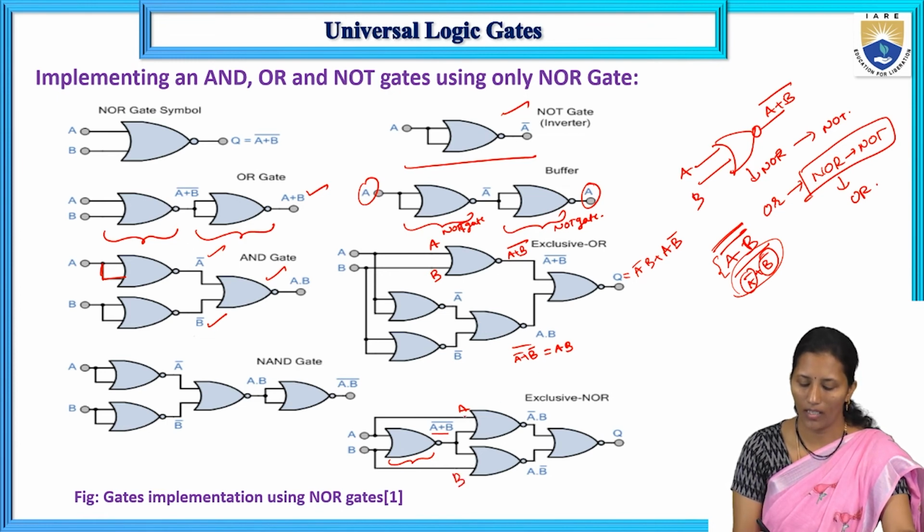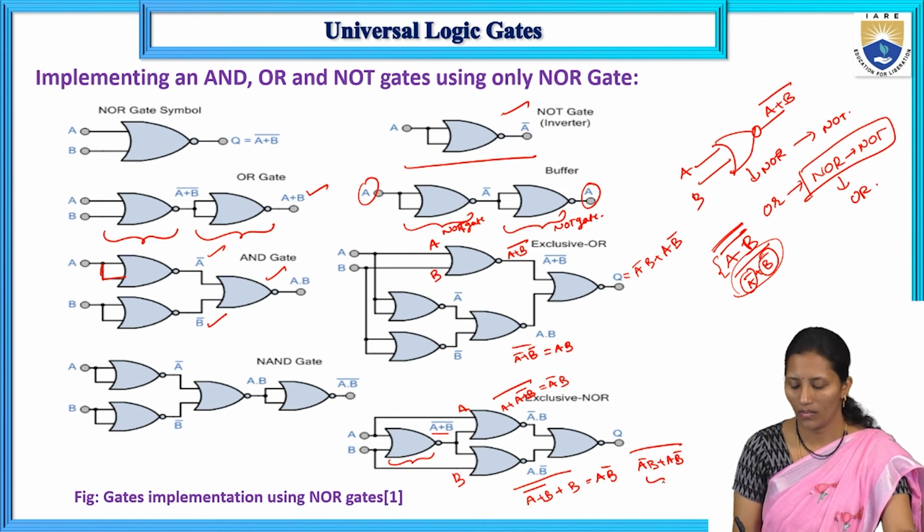So here A plus B whole bar is equal to A bar B. Here A plus B whole bar plus B whole bar is equal to AB bar, given to the NAND gate. So here A bar B plus AB bar whole bar, that is exclusive OR function inversion, is equal to AB plus A bar B bar.